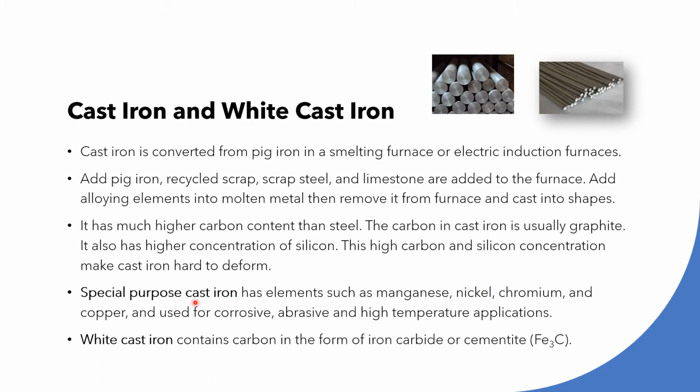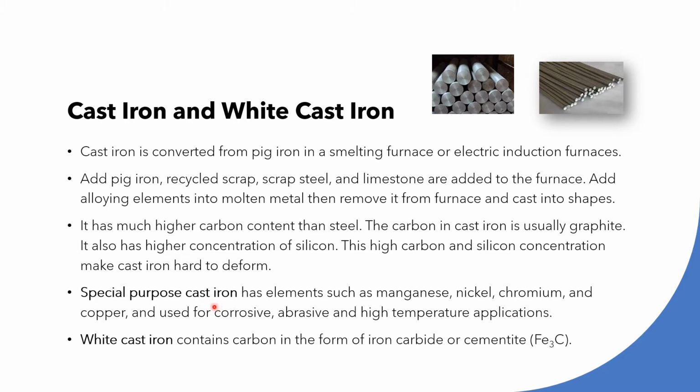Because we want to know what happens if we add them to cast iron. So what do we get? We get special purposes, meaning they come with different properties, like improved corrosion resistance, abrasive resistance, or high temperature application. They're capable of that.